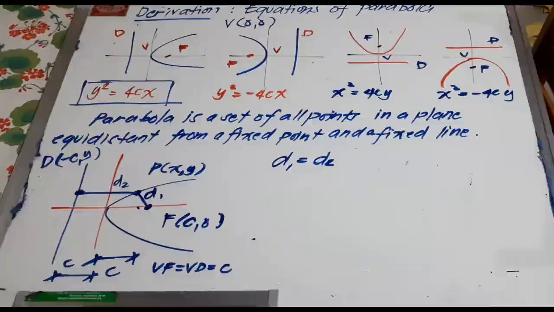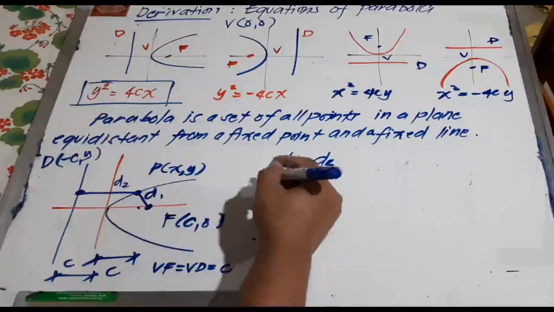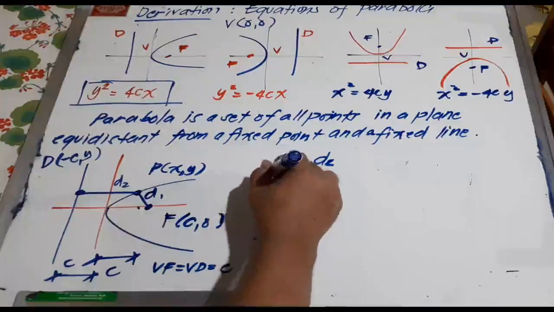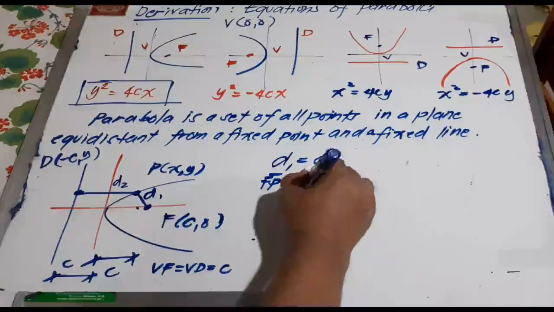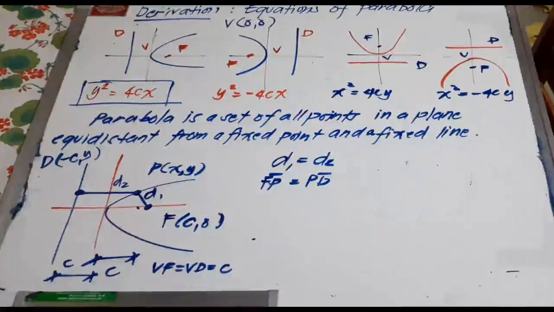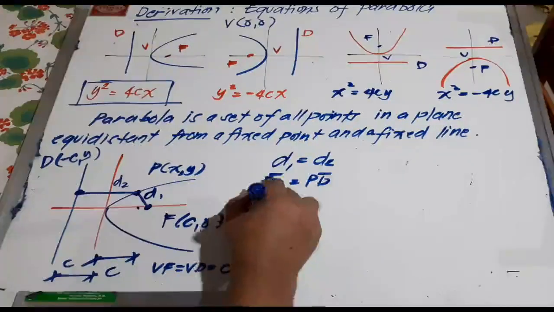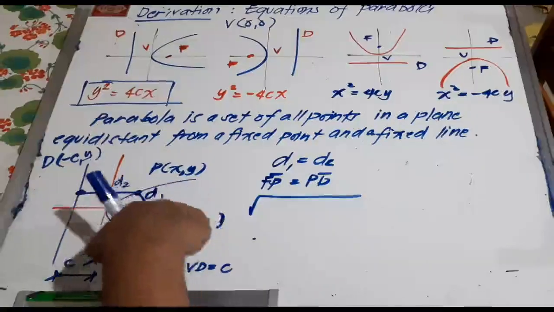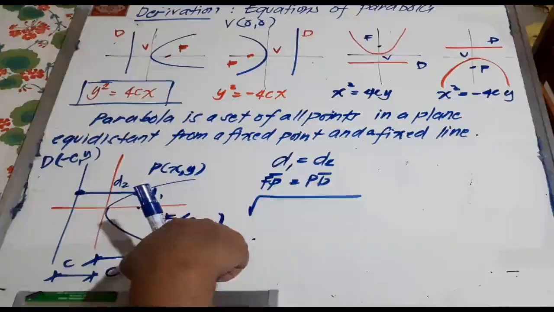Now, the next is to apply the distance formula. Okay? D1 is FP, then PD. Okay? How? Distance formula is the square root of the square of the difference of the abscissas. FP first. So, abscissas are x and c.